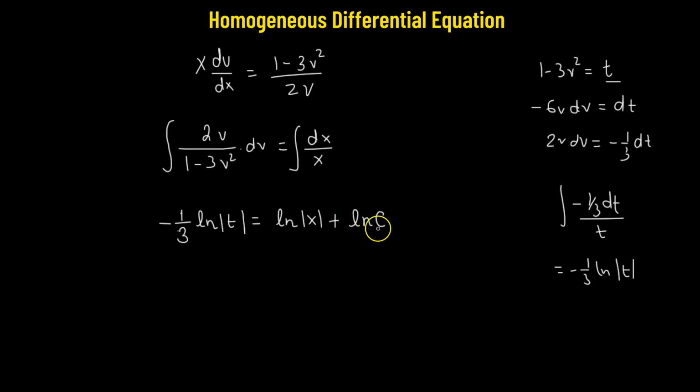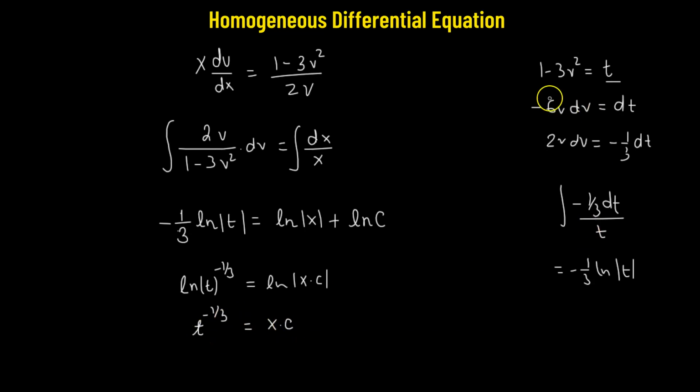So we'll write it as natural log of c. Using the property of logarithm, we have natural log of t raised to the power of negative 1/3 equals natural log of x times c. I can get rid of the logarithm from both sides, so this will give us t raised to the power of negative 1/3 equals x times c.